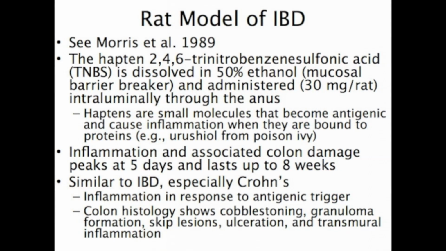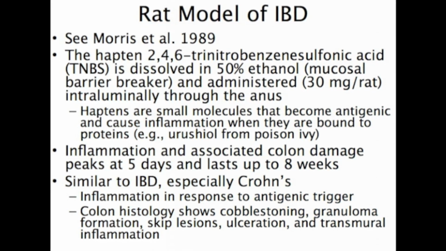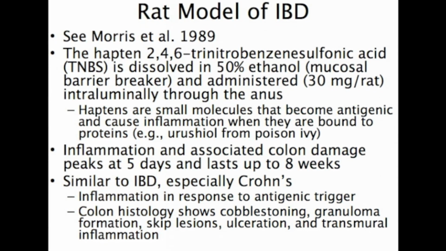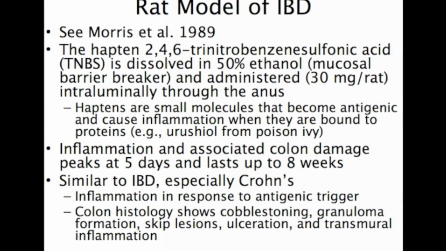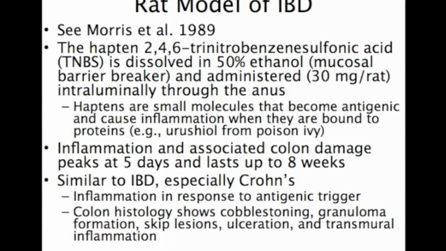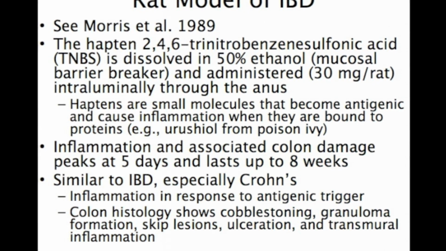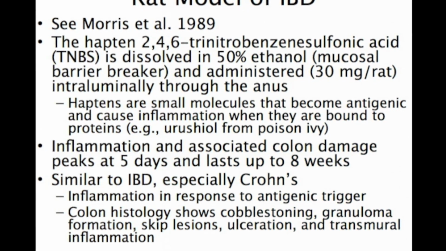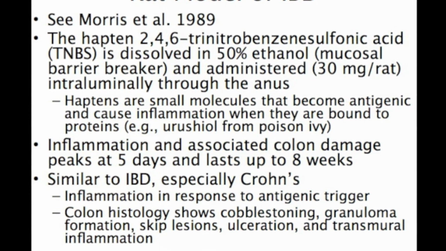So how do we induce inflammatory bowel disease in a rat? We inject a hapten into the colon. A hapten is a molecule, like the one in poison ivy. The way that it causes inflammation is when it binds to protein, say albumin, it becomes antigenic and can induce a pretty robust immune response.